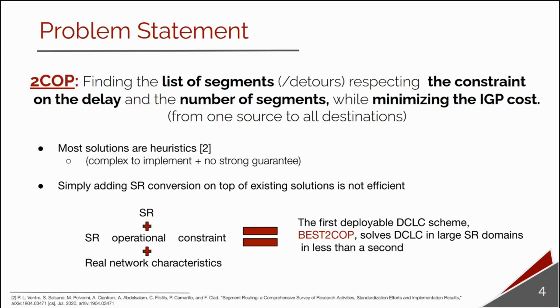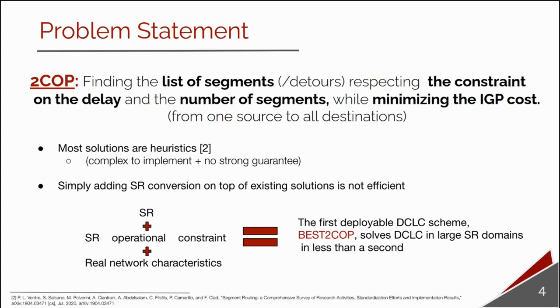segments. And another problem is that most solutions to DCLC are heuristics, so we can't use them because they don't bring strong guarantees, and also they don't consider segment routing. But if you don't consider this new constraint brought by segment routing natively, it will actually drastically increase your execution time because you may rely on heavy graph conversions, which will boost your complexity by a fair margin. Instead, what we are going to do here is design our algorithm around segment routing to deal with these new constraints efficiently.